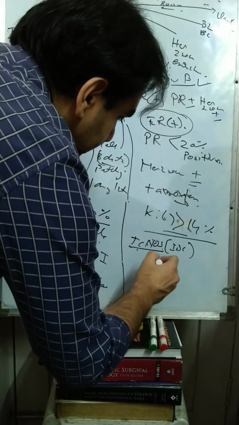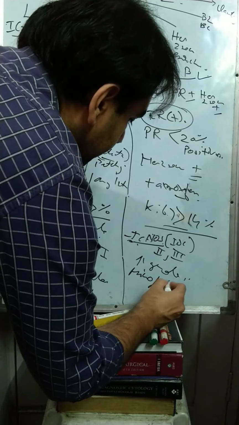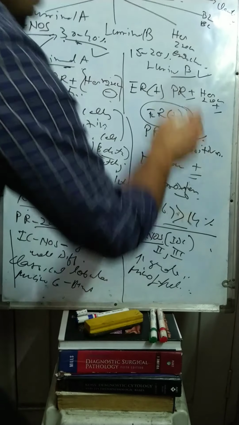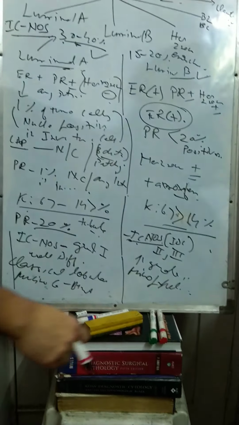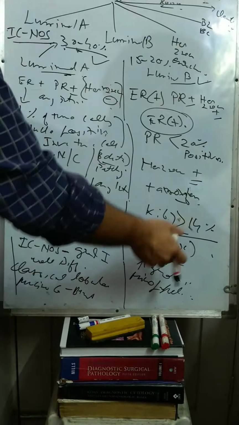Micropapillary and some variants of micropapillary also fall in luminal A. Again, give a diagnosis, look for the ER/PR report and follow up the patient. So we will come to know whether it falls in luminal A or luminal B, because this is now standard. ER/PR status is standard, so try to see which category the patient falls in.